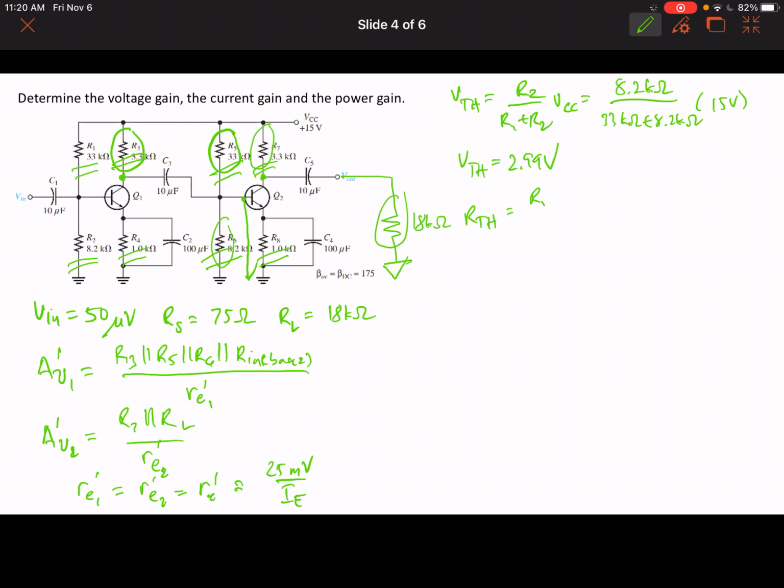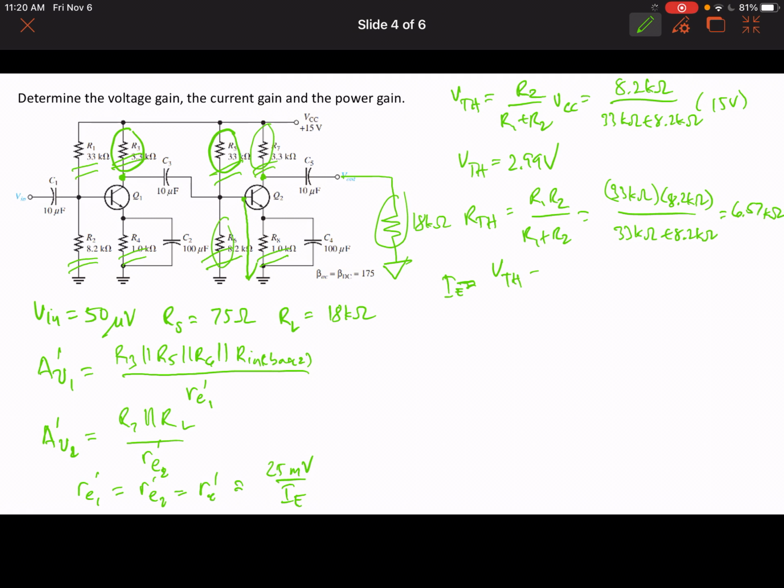RTH is R1 R2 over R1 plus R2. Okay, this is then 33 kilo ohms times 8.2 kilo ohms divided by 33 kilo ohms plus 8.2 kilo ohms, which is equal to 6.57 kilo ohms.